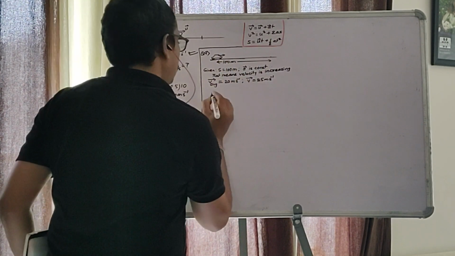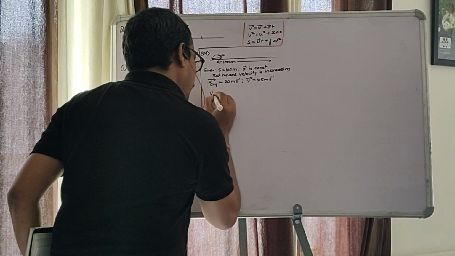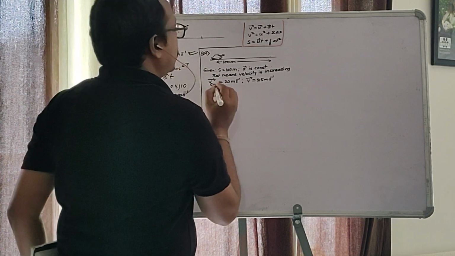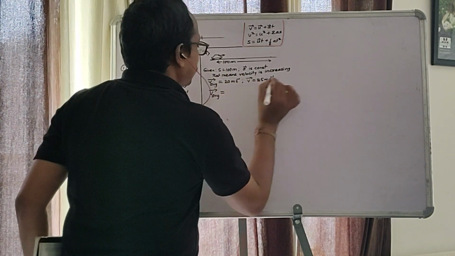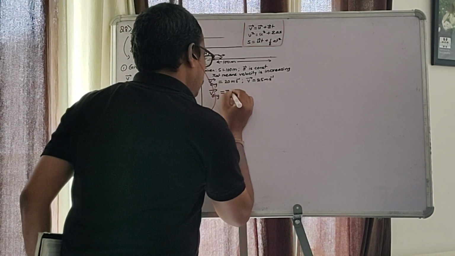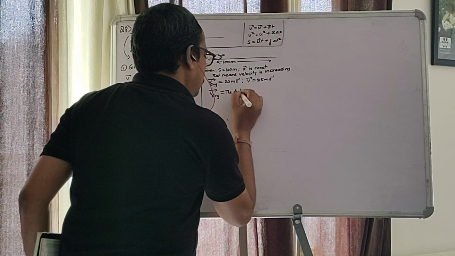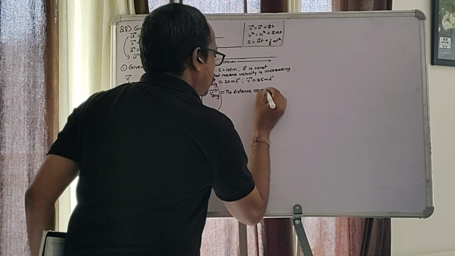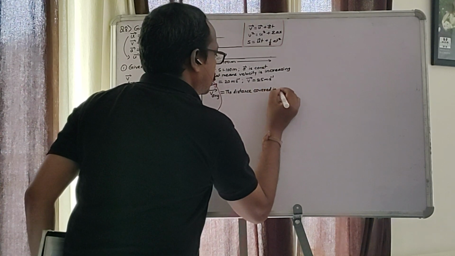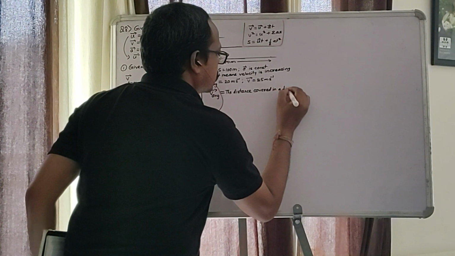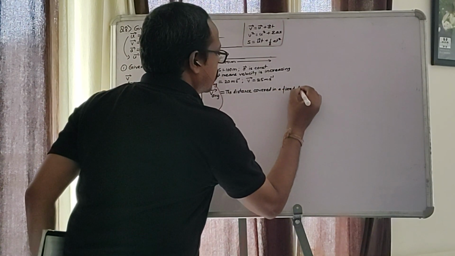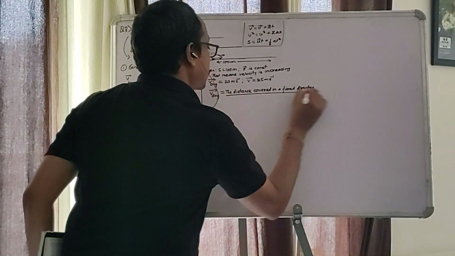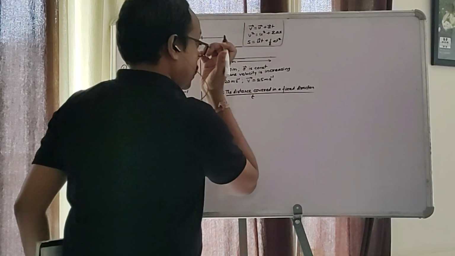So we can write it this way: V average is the distance covered in a fixed direction upon time, right?